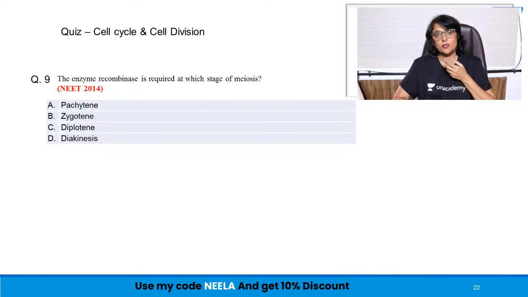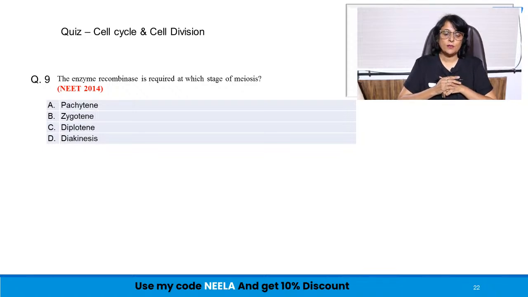The 9th question, the last question for today's lecture, or that short quiz type thing which I had planned. Enzyme recombinase is required at which stage of meiosis?